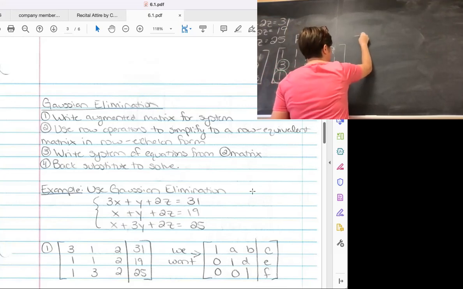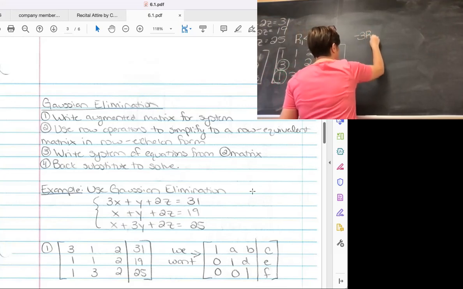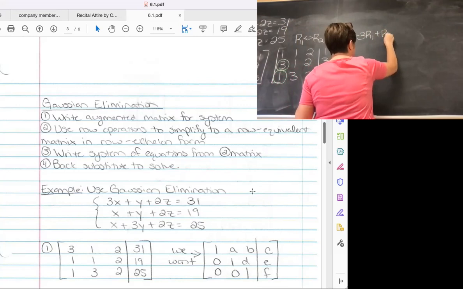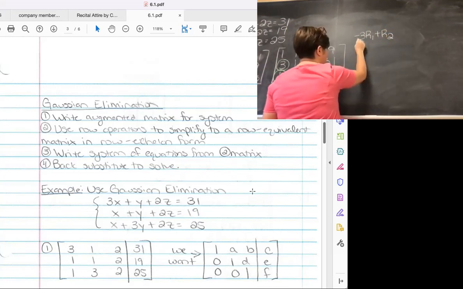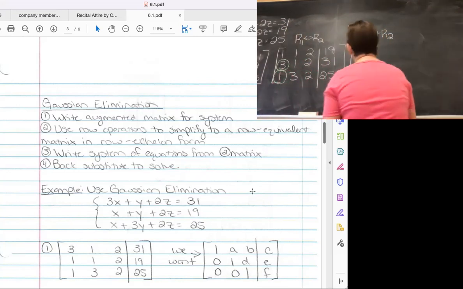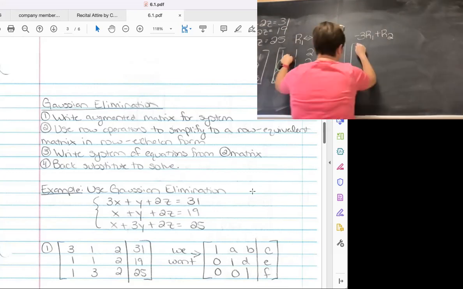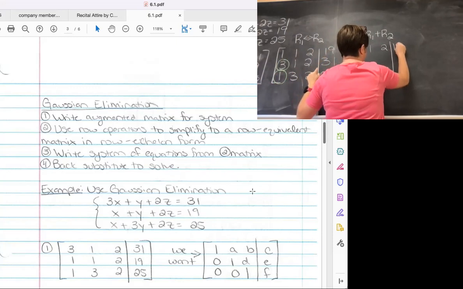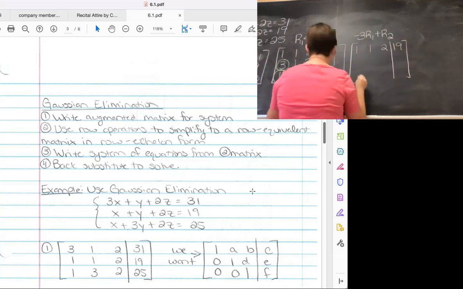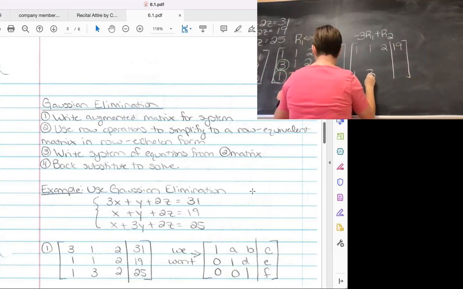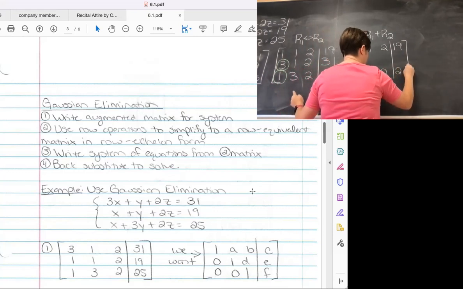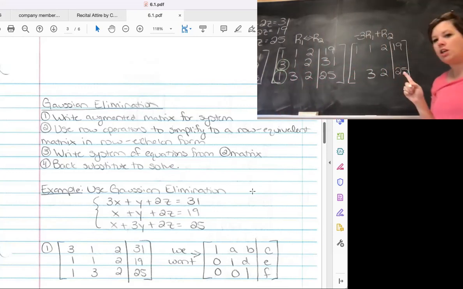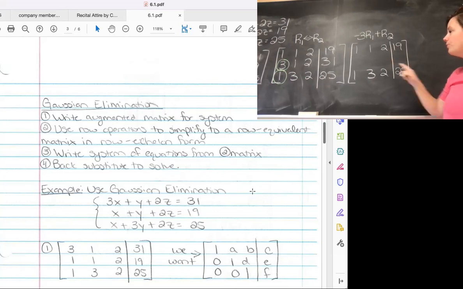So I'm going to take -3 times row 1, and I'm going to add that to row 2. And I'm just concentrating on that one right now. So that means my row 1 is not going to change, and my row 3 is not going to change. The only thing that's changing is my row 2.